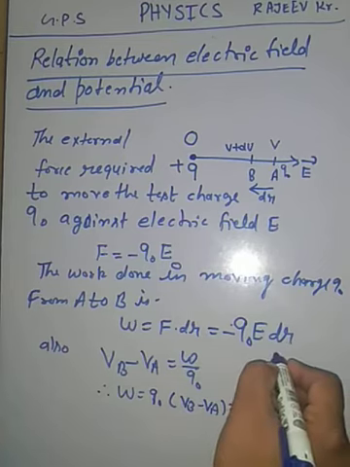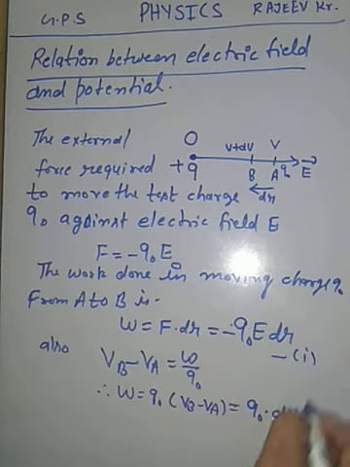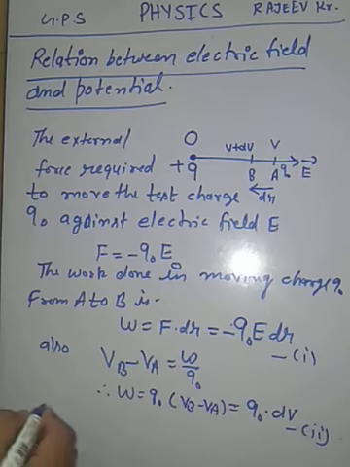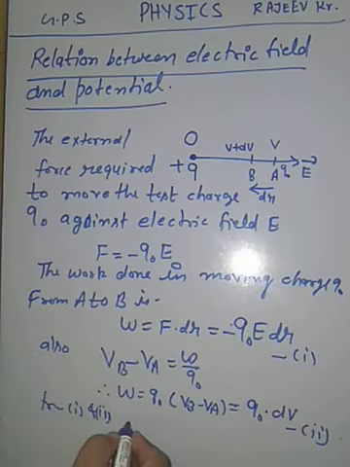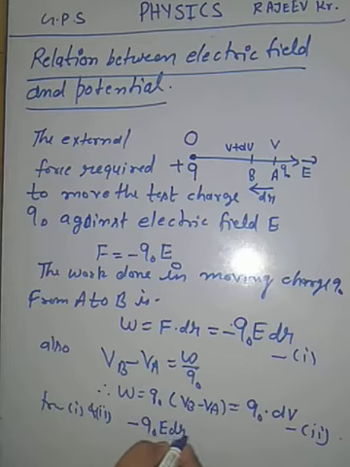Now, this is, suppose, equation number 1, this is 2. Both the works are the same, so we can equate them from equation number 1 and 2. It is minus Q naught E dr equal to Q naught dV.